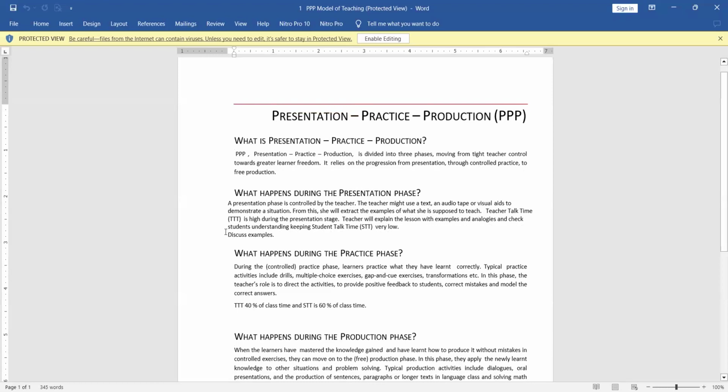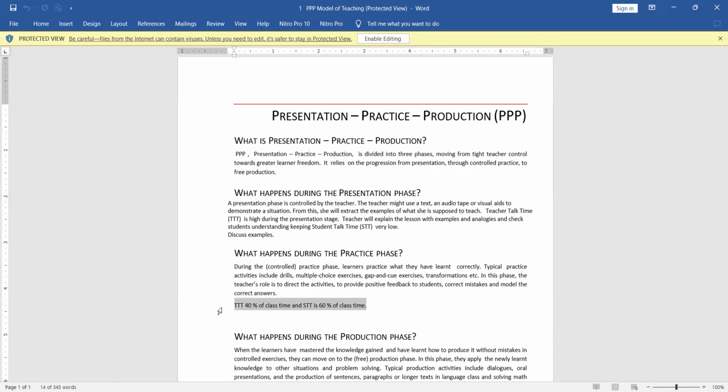That is the second stage, the practice stage. During the practice stage, teacher talk time is reduced to 40% and student talk time is increased to 60%.